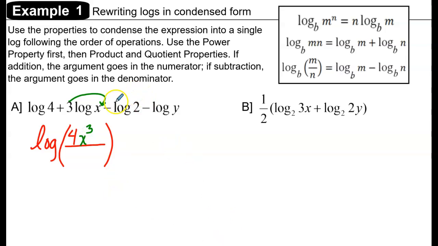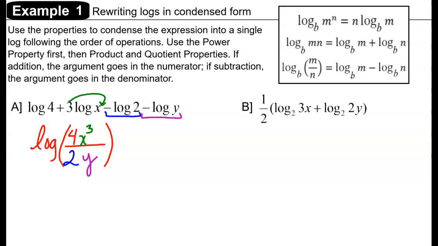Okay, then we have a minus log of 2, and since that's negative, that 2 is going to go in the denominator. And then we have a minus log of y, and since it's a negative there, the y is going to go in the denominator.